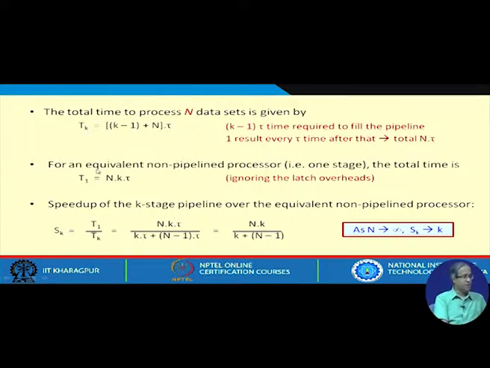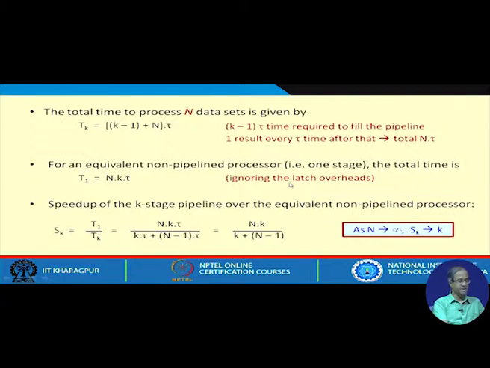Now, if I have an equivalent non-pipelined processor where I do not have pipelining, how much will my total time be? If I ignore the latch overheads of course, I can assume that tau was the time taken for one stage in the pipeline. So, for my original non-pipelined processor it will be k into tau, and there are n data, so n into k tau.